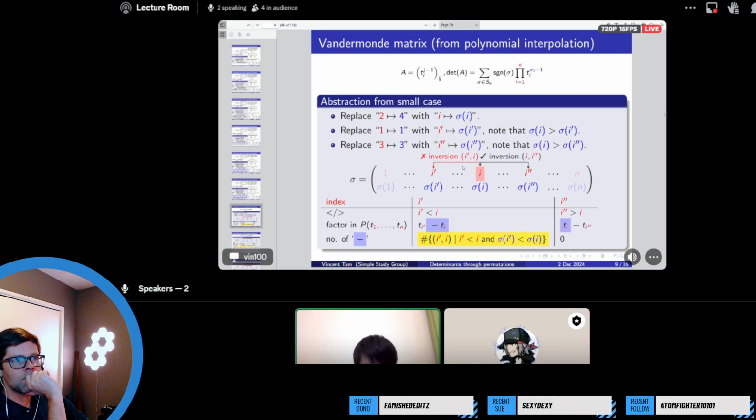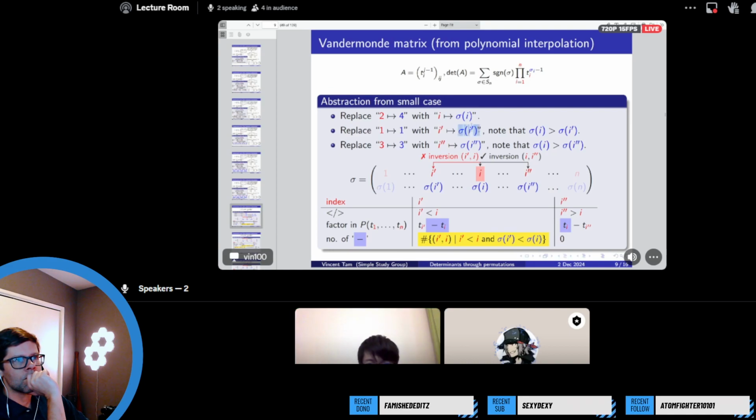So here we observe that the term with a larger sigma i, with a larger blue value, that is, the column index that is the sigma of a row index, is the one we are choosing.